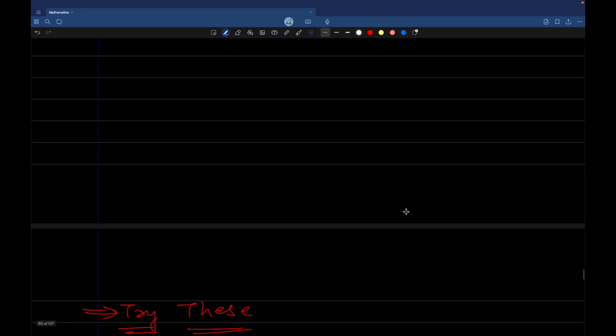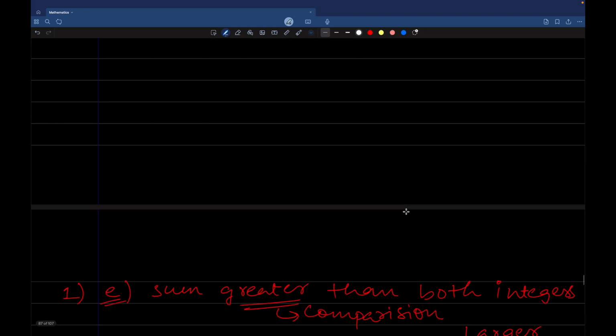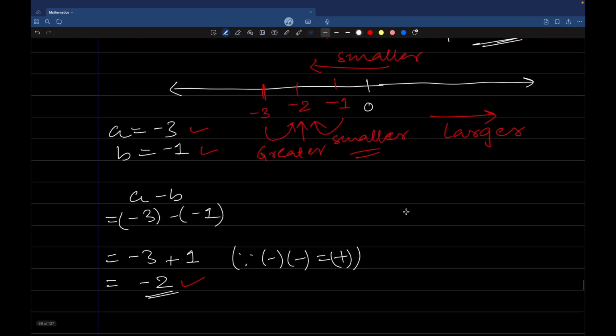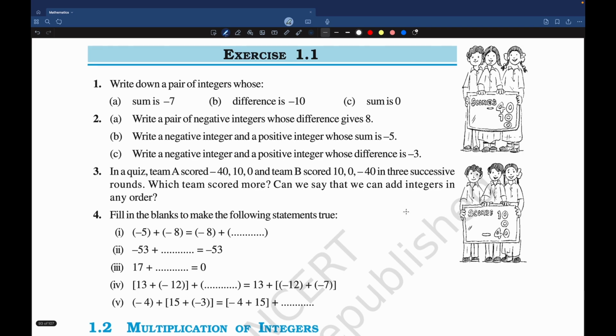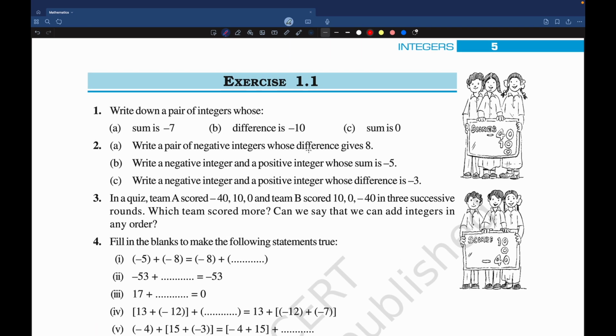Now let us solve exercise 1.1 question number 1 and 2.